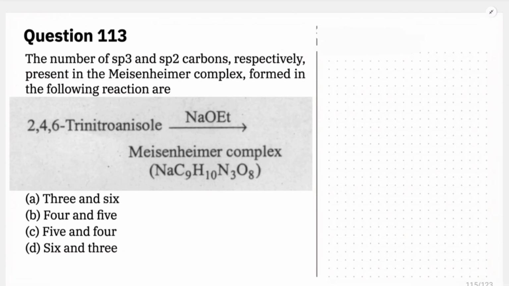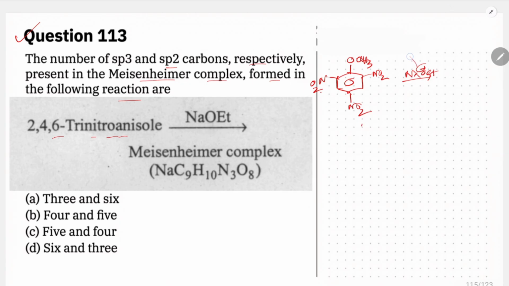In question number 113, the number of sp3 and sp2 carbons respectively present in the Meisenheimer complex formed in the following reaction is or are. Let's see, 2,4,6-dinitroanisole. This is OCH3, 2, 4, 6. When we treat it with NaOEt, the base, what will happen in this reaction?